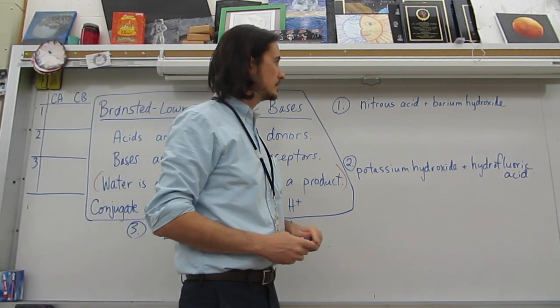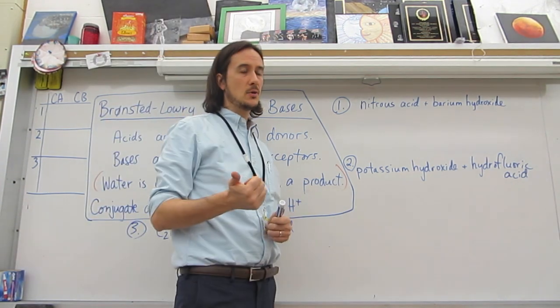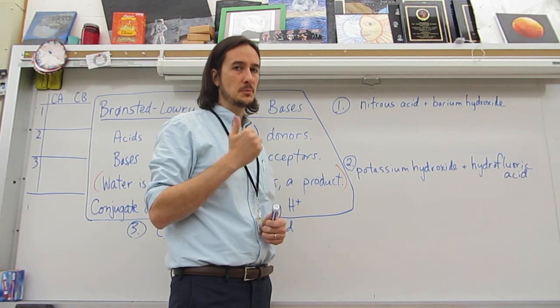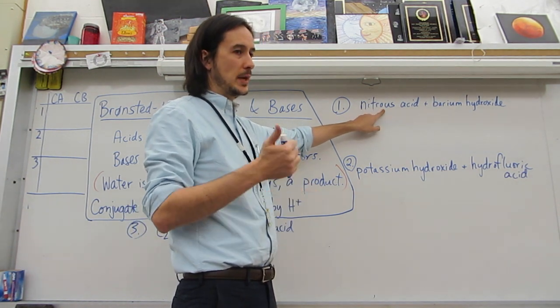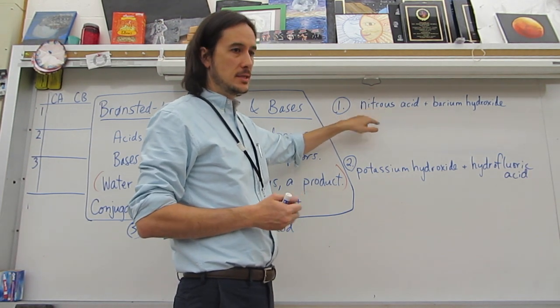So let's look at nitrous acid and barium hydroxide. We're going to look for a net ionic equation, and we're going to look to identify some conjugate acid-base pairs. So nitrous acid, HNO2. Nitrous relates to nitrite.